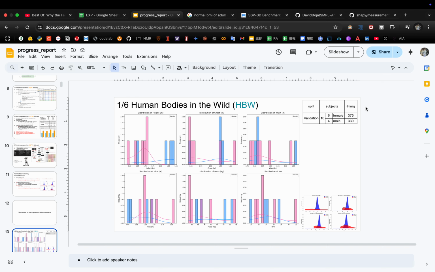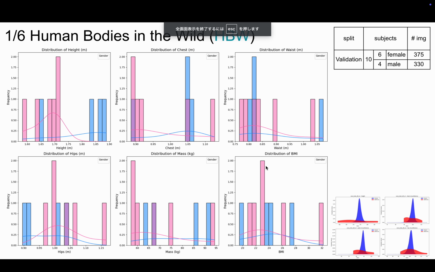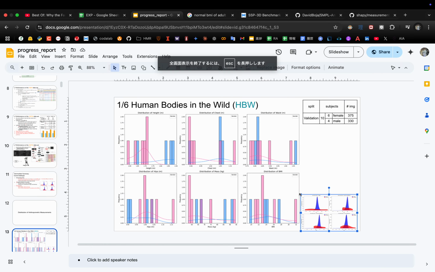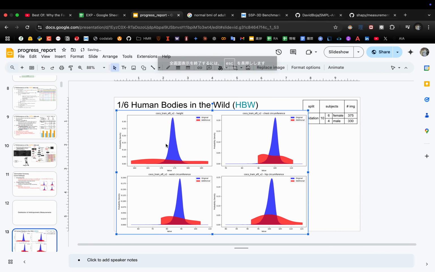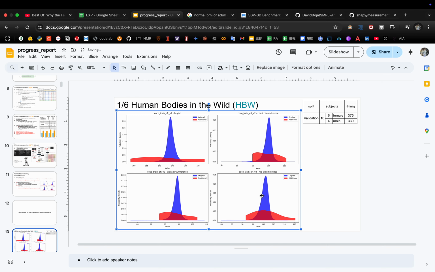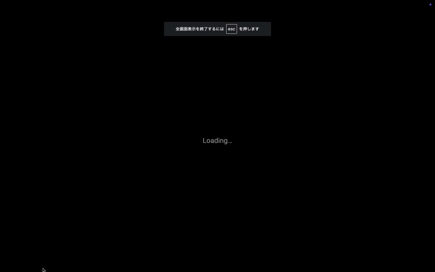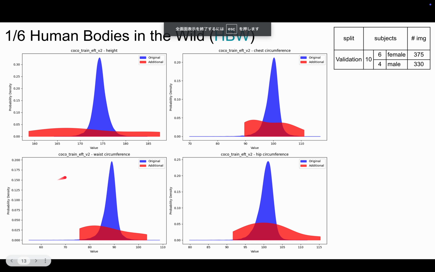But before that, we just compare with one of the popular data sets for training, called 3D-PW. So we can see that this legend is misleading. The blue one is the distribution of the four body measurements, height and the three circumferences.